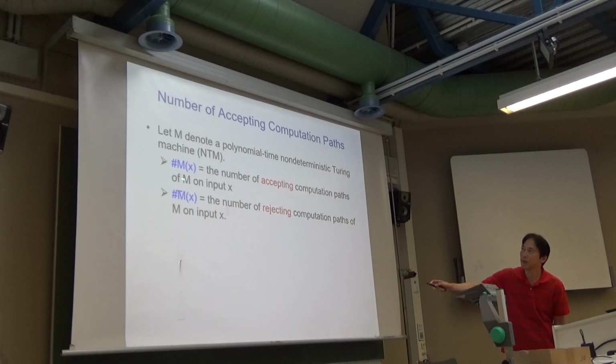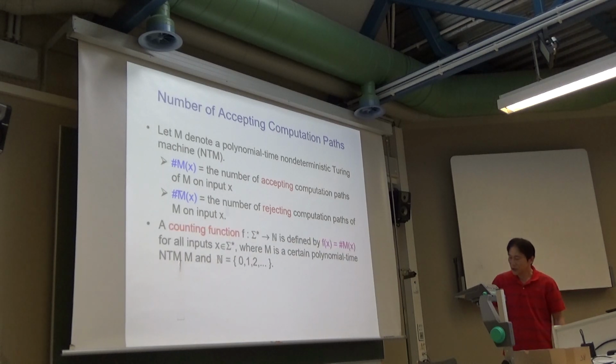But if you put the bar, we are counting the number of rejecting computation paths. If you sum them up, you get the total number of computation paths. Okay, so now the counting function is the function that computes this #M(x).